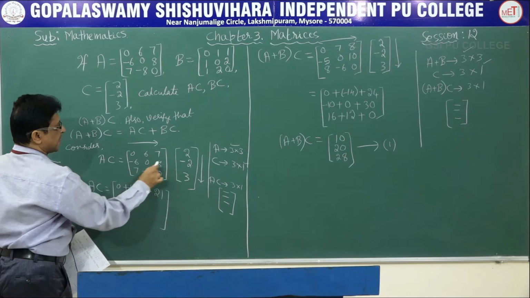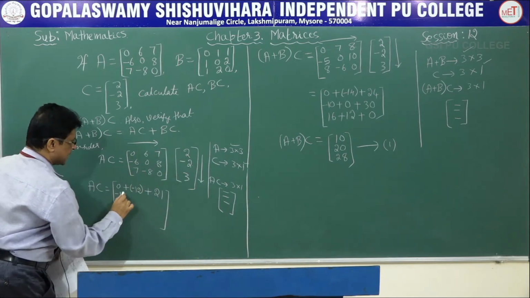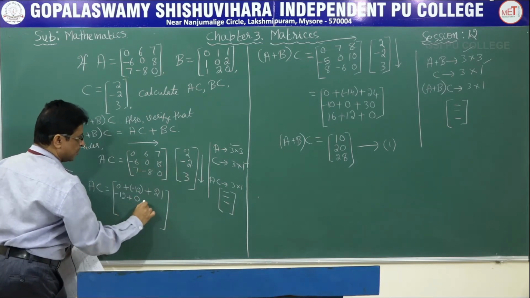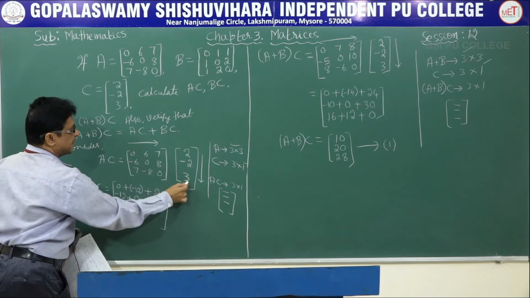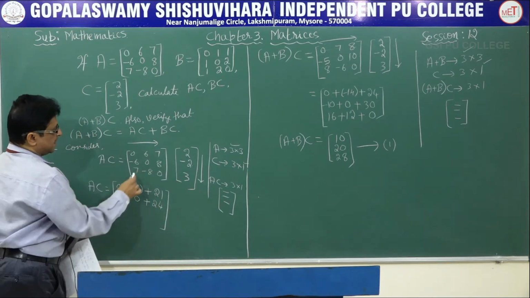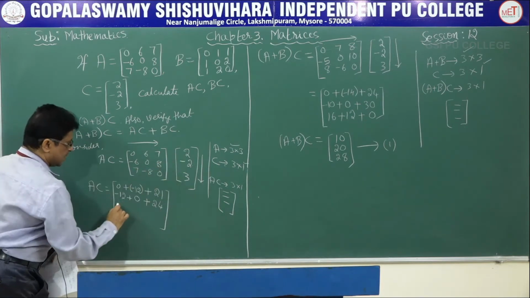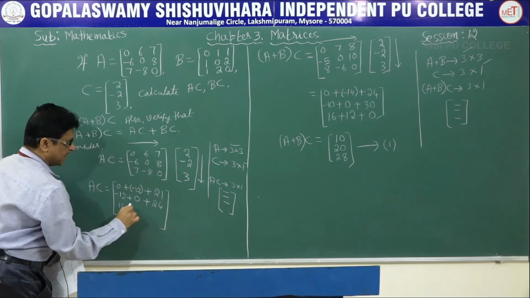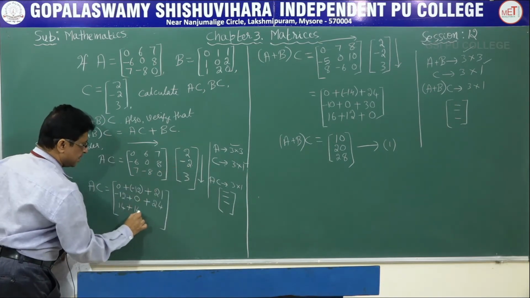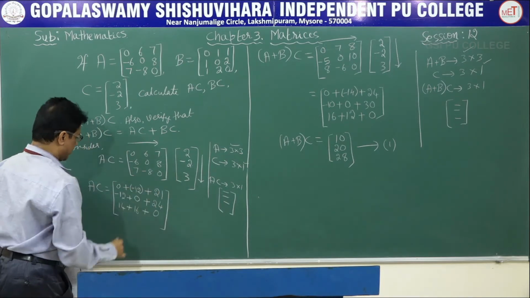Next, second row into column, minus 6 into 2, minus 12, plus 0 into minus 2, 0, plus 8 into 3, 24. Next will be third row into first column. 7 2s are 14 plus minus 8 into minus 2 is 16 plus 0 into 3, 0.